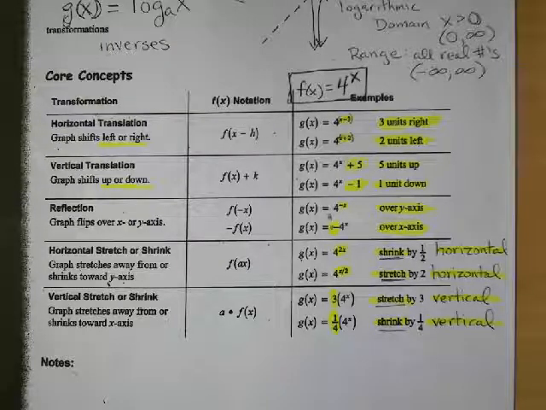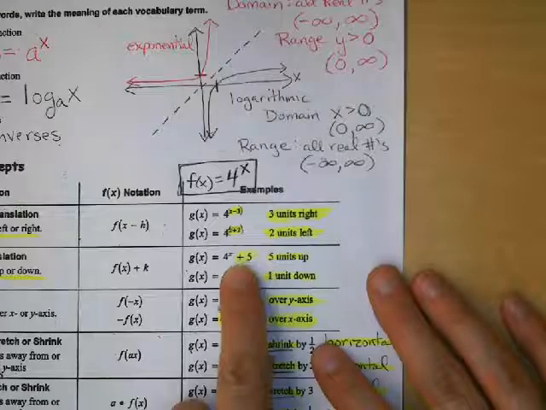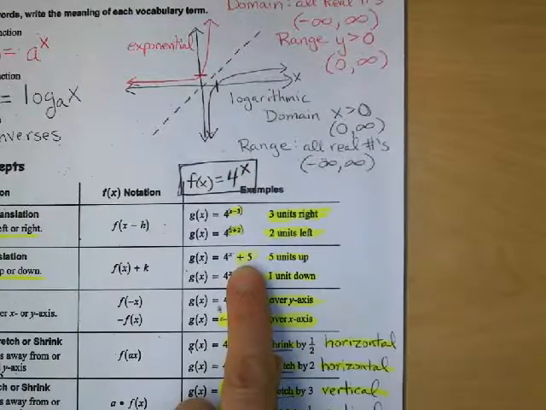You can type the equations into Desmos.com if you're really confused. Hopefully you can do some of them without looking at Desmos.com. You can just look at the problem and be like, oh yeah, I know that one goes 2 units up. But if you do start getting confused, Desmos.com is a good tool to use.